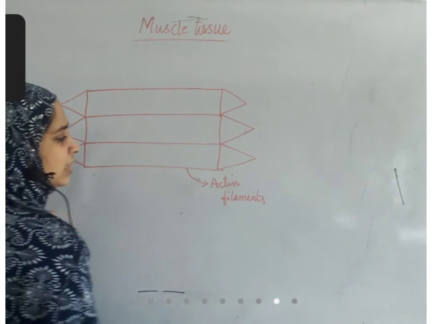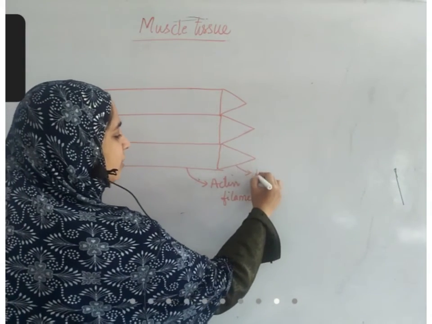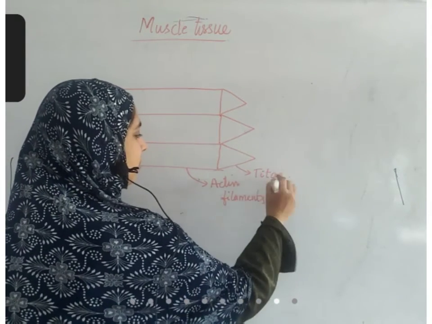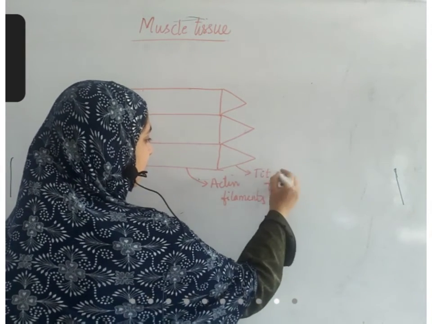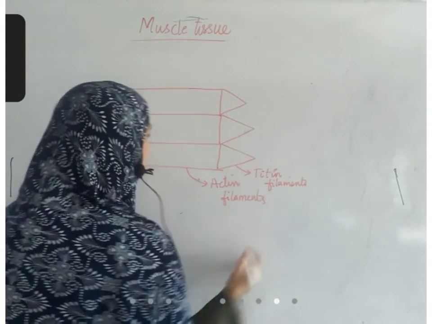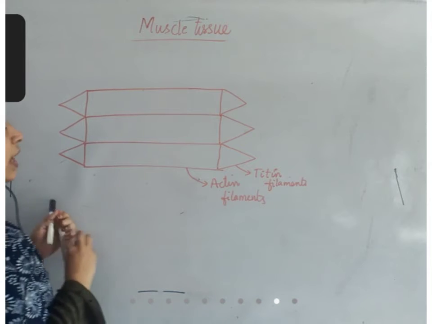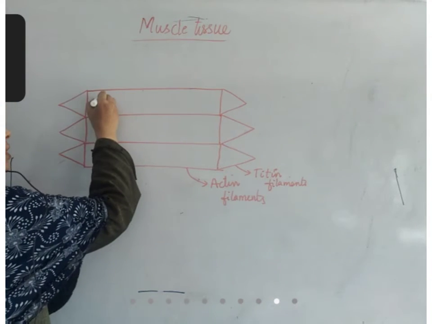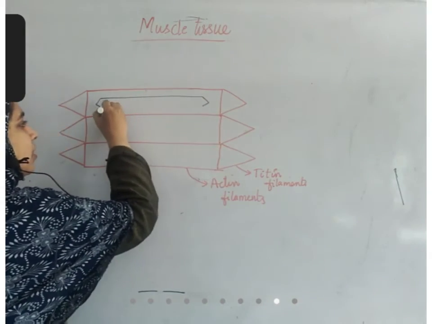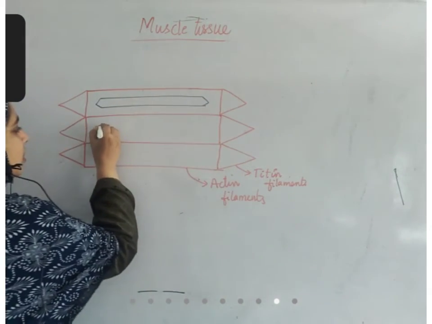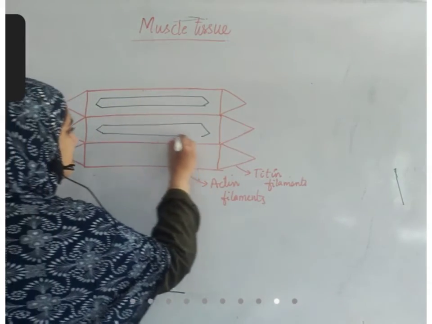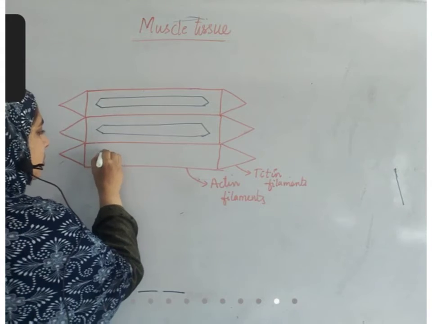Actin filaments are interconnected by other tiny filaments called titin filaments. In between these actin filaments, you can see a somewhat thicker filament called myosin filaments. This is myosin filaments.